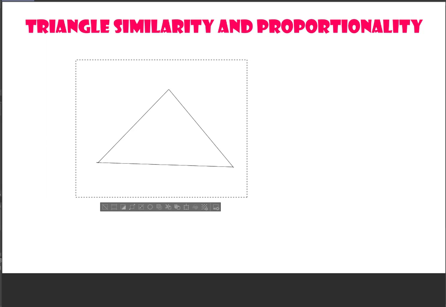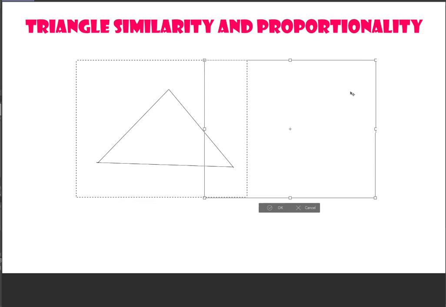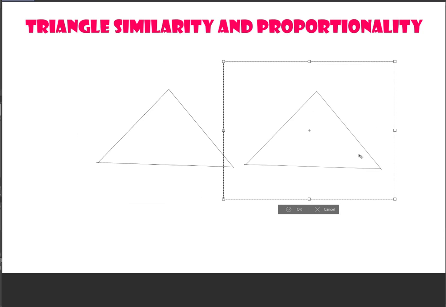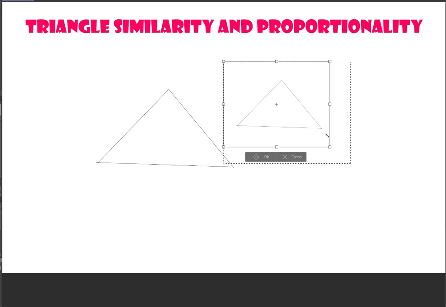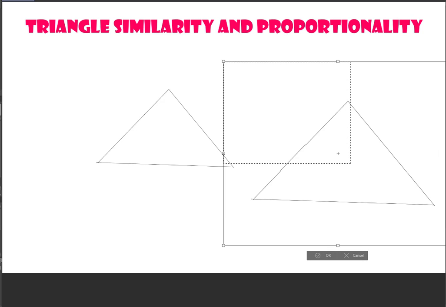So I've now made another layer, and I'm going to transform that layer and move it just over here. So what I have now is an exact copy of that. This would actually be a congruent triangle, right? But with a similar triangle, it's not congruent, it's actually dilated. So what they've done is they take and they shrink it, or they grow it.